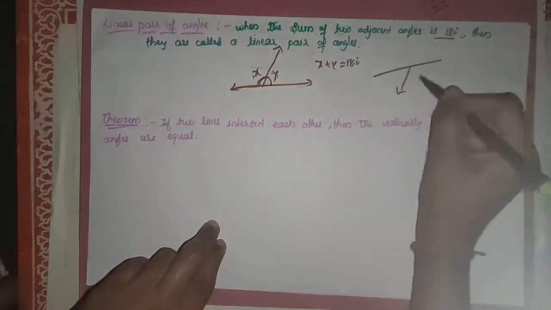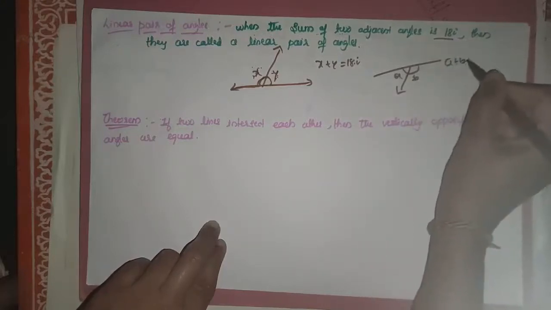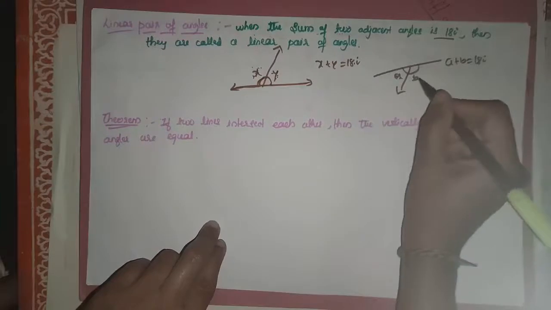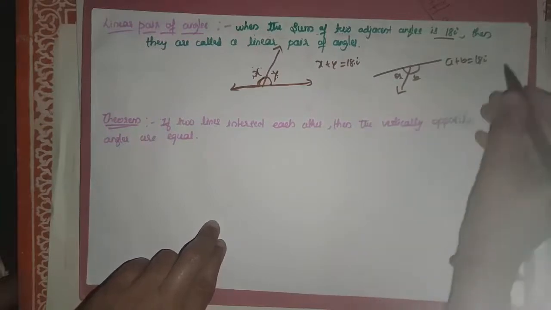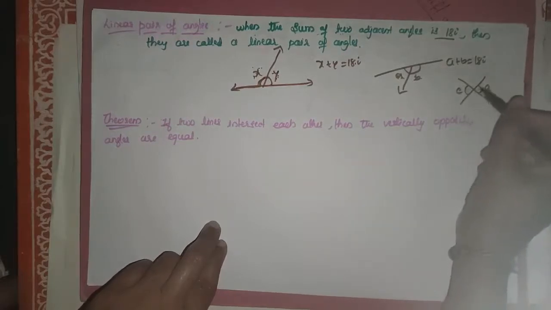See, these are side by side angles. I call these A, B. A plus B equals 180. These are adjacent. Other angles you can see, this is A and this is C. These are not adjacent angles. These are opposite angles. These are not a linear pair.